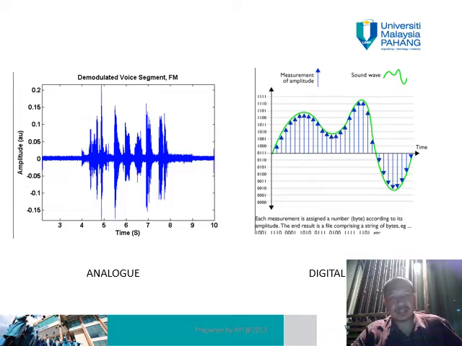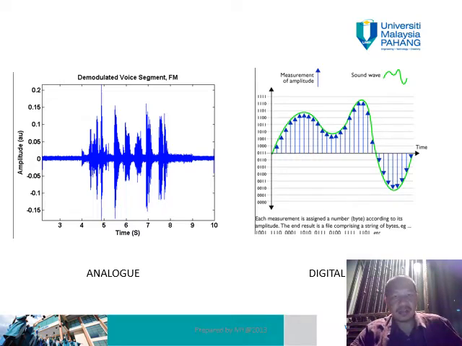Basically, when we record our voice, we will have this analog signal. We can see the amplitude of the signal changes with the change of time. So this is the original form of voice in the form of an analog signal.